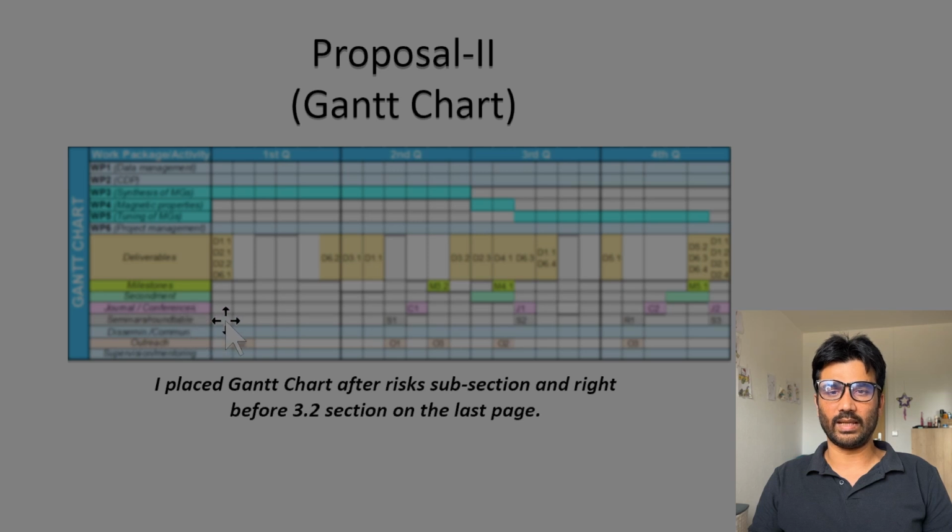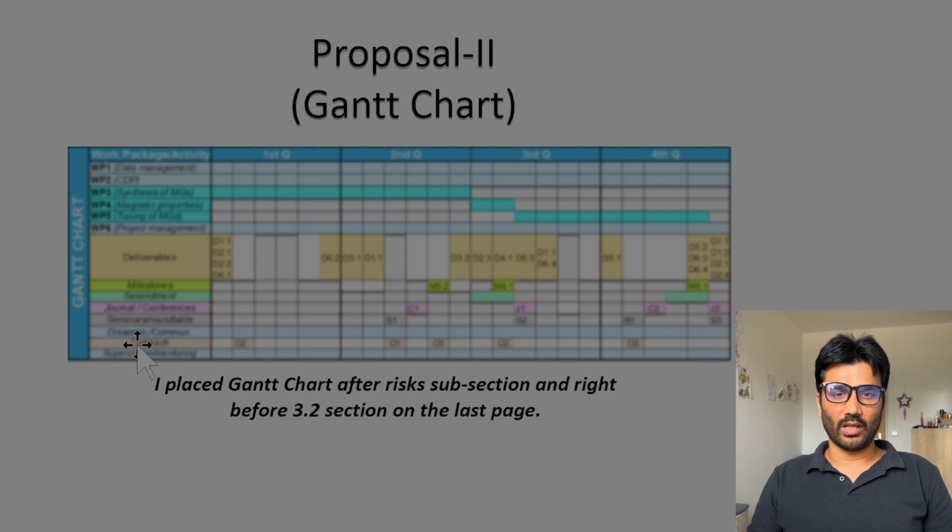I planned 2 conferences and 2 journal publications during these 2 years, and then seminars and roundtables: I want to give 3 seminars and organize 1 roundtable conference. And then outreach, dissemination and communication, which I mentioned I will do throughout my 2-year proposal.